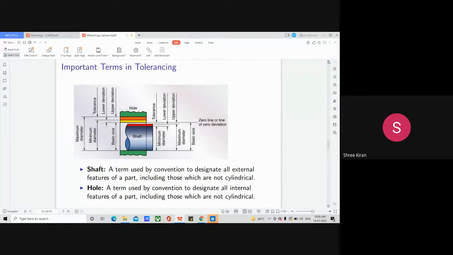You can see the figure over here. It is a shaft. A shaft is a term used by convention to designate all external features of a part, including those which are not cylindrical.